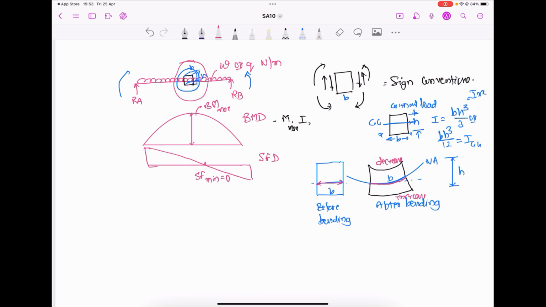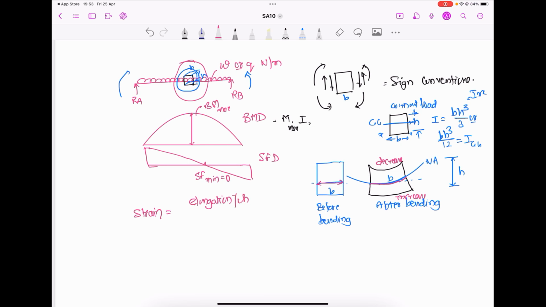Whenever there is a decrease in length, that is negative strain. What is strain? From our definitions, strain is equal to elongation. Don't think that elongation is always positive.